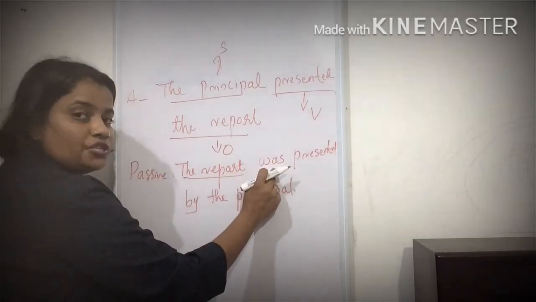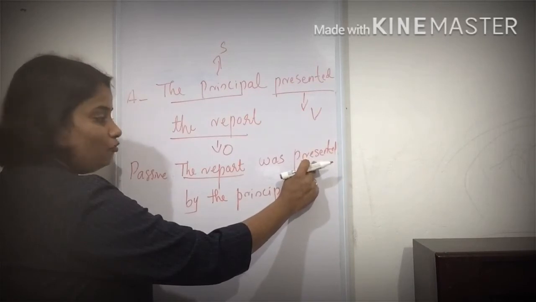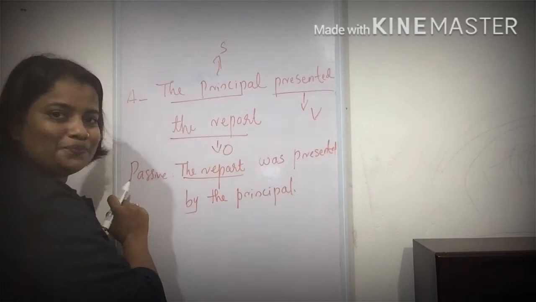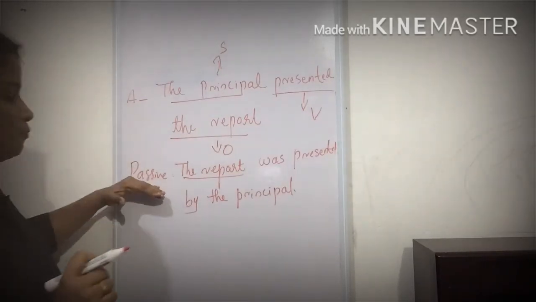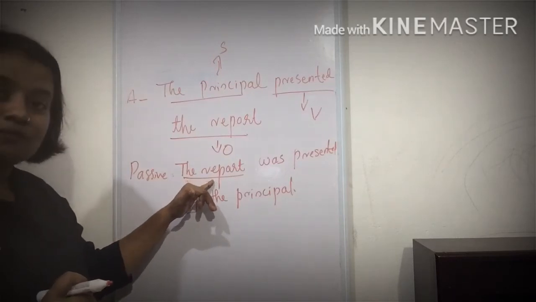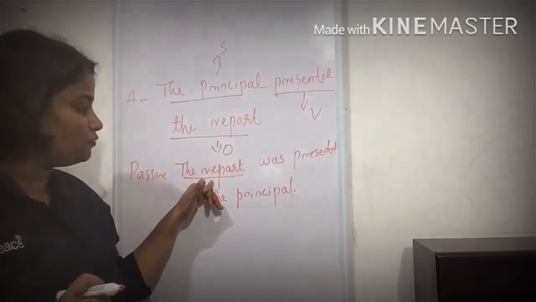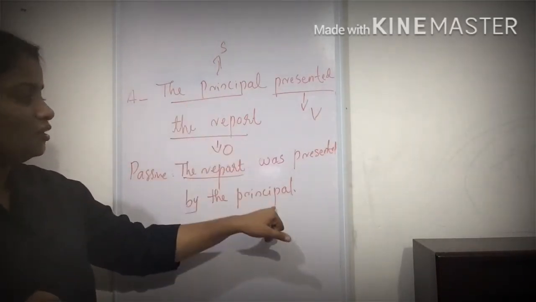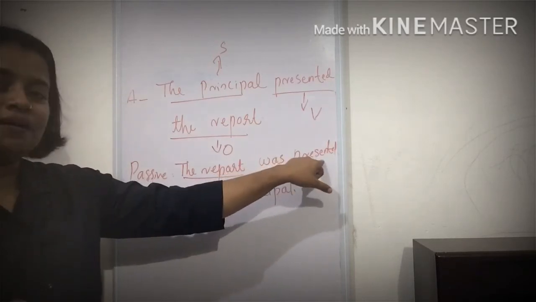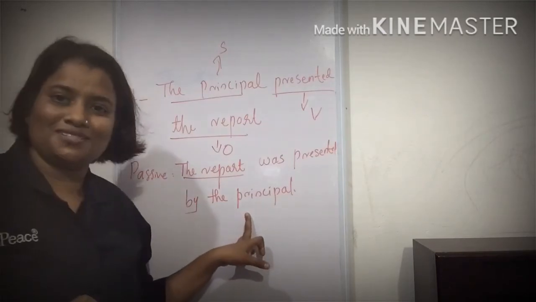Then we need to take care of the helping verbs, then the past participle form of the verb, then by plus the subject. So in passive voice, the object comes at the beginning of the statement, meaning the object changes to the subjective case and the subject changes to the objective case. Then helping verbs, then the past participle form of the verb, and by plus object.